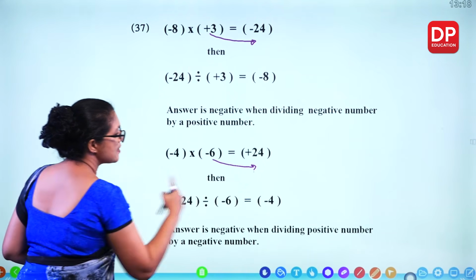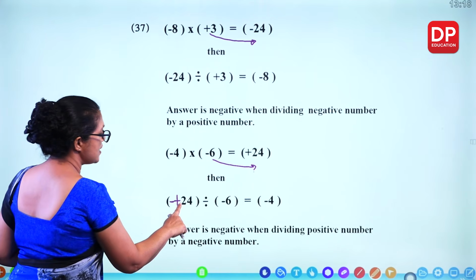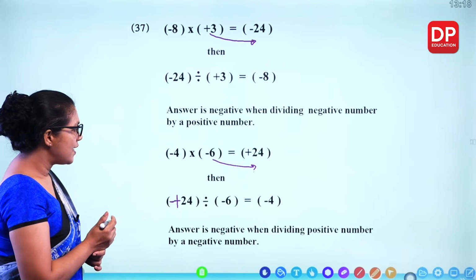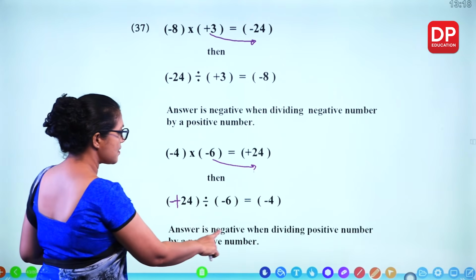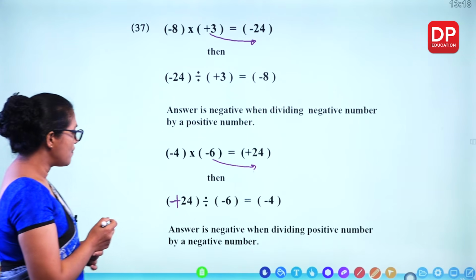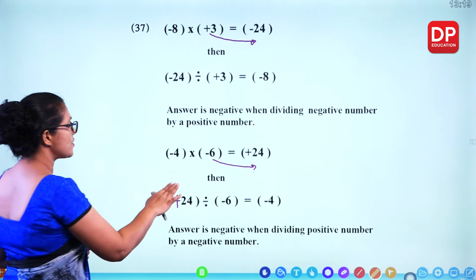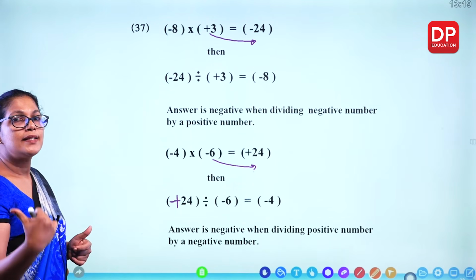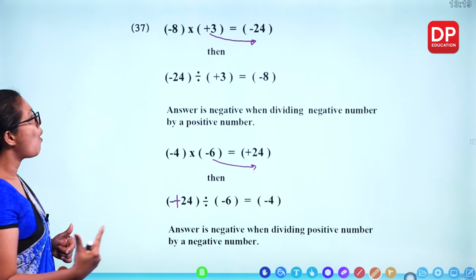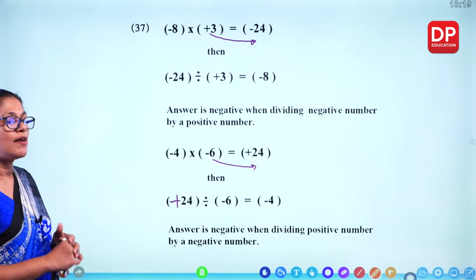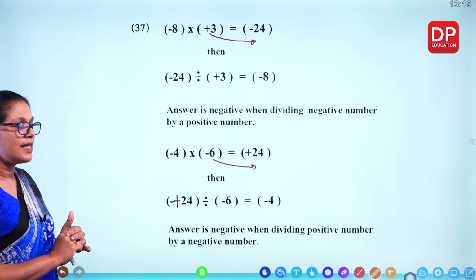The answer is minus. 1 is positive, 1 is negative. Answer is always negative. Answer is negative when dividing positive number by a negative number. So it can be positive first number and the divisor is negative, or divisor is positive and the number given is negative. Final answer is negative.